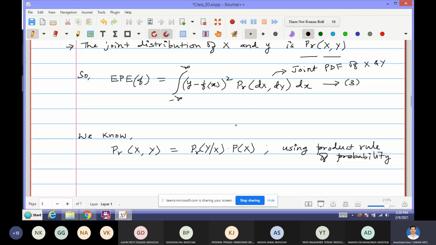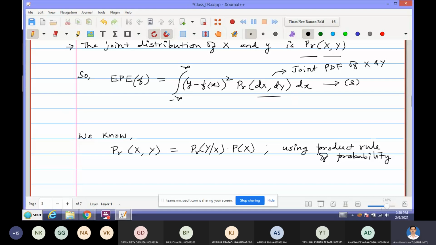Now further, to understand the interpretations, and to know how the model behaves in a variety of scenarios, we need to get into the details of the joint probability distribution of x and y.